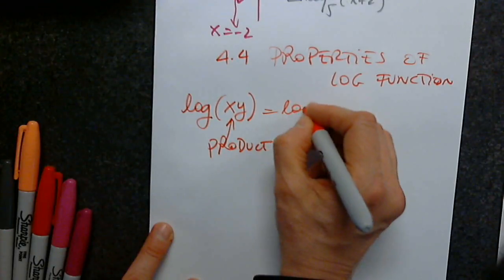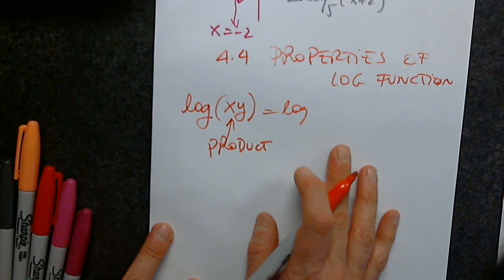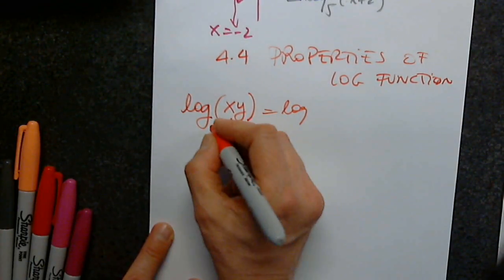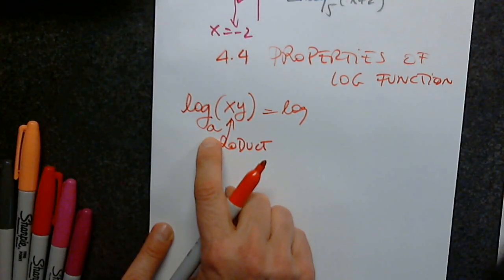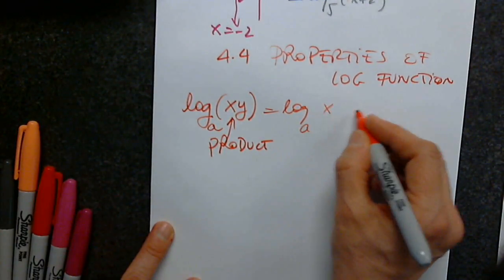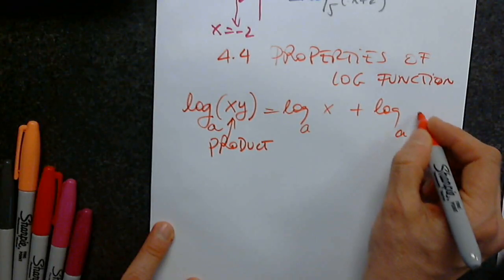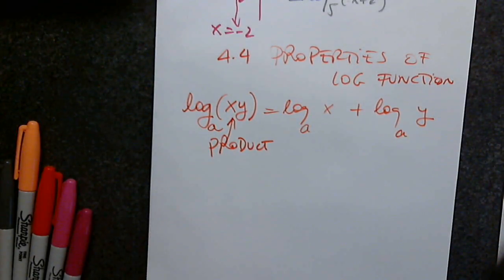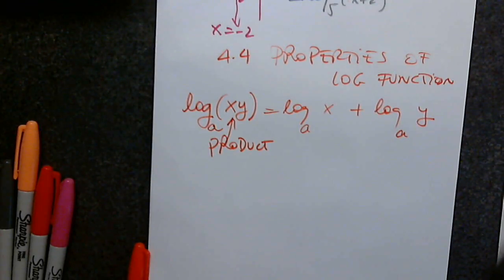So this is log. They have to be the same base. So if you want to put, for the general case, just put base a. Log base a of x plus log base a of y. Like with the trig identities that we looked at last week, this is a dynamic relationship.